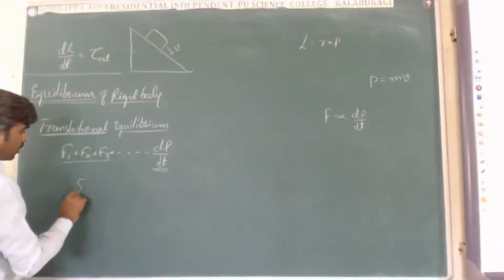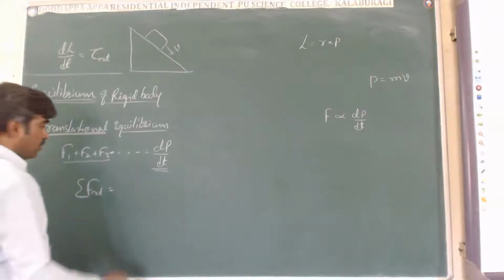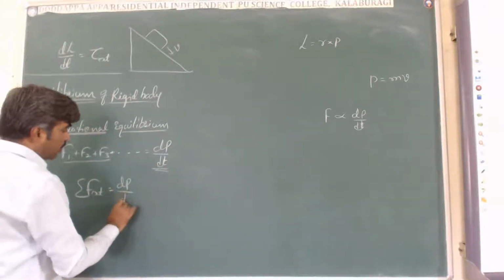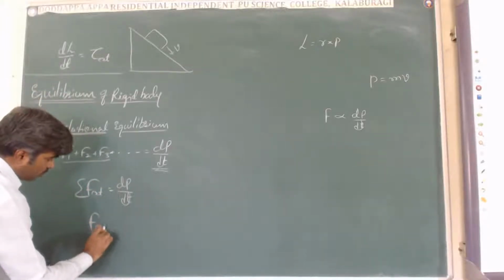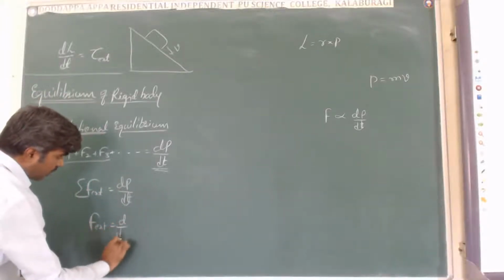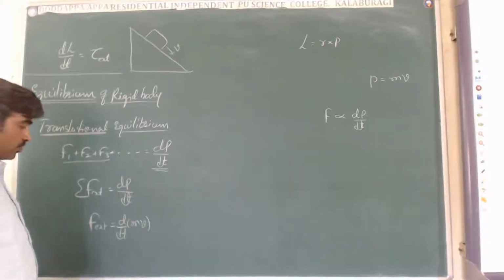The sum of all the forces acting on the body is nothing but the total force. So I can write F external, the sum of all the forces, equals dp by dt, or total external force equals d by dt of momentum, which is mass into velocity.